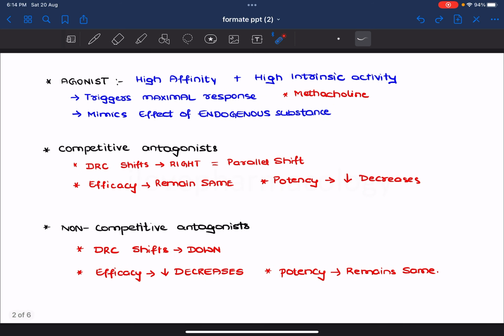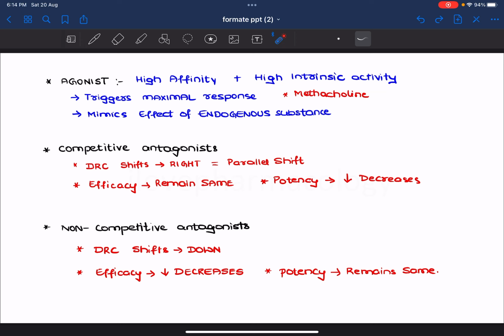So let us brief about what is agonist. So please remember, whenever a chemical substance attaches to the receptor, it is going to produce a maximal response. So agonist will have high affinity. That means it has got high ability to bind to the receptor, as well as it has got high intrinsic activity. That means to say it produces some response.